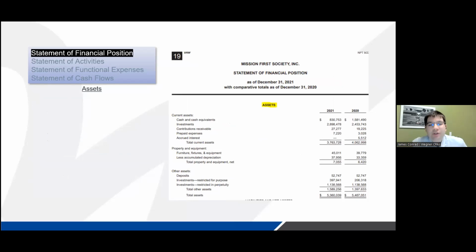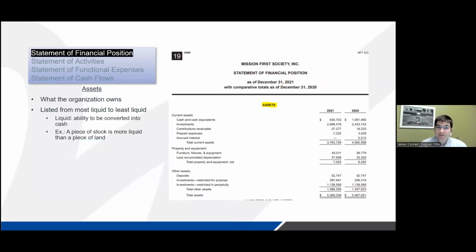All right. So at the very top of the statement of financial position, you're going to get the assets section. Simply put, assets are what the organization owns. It's things that the company has gathered over time as part of its resources. The assets will be listed from most liquid to least liquid.